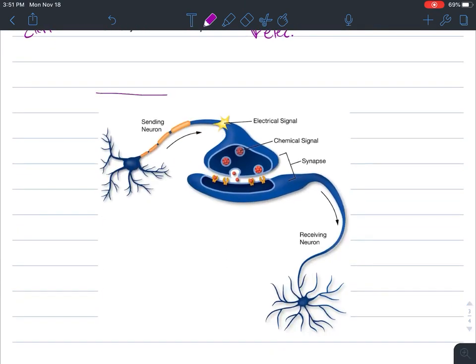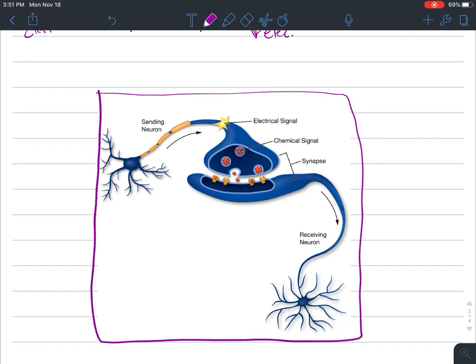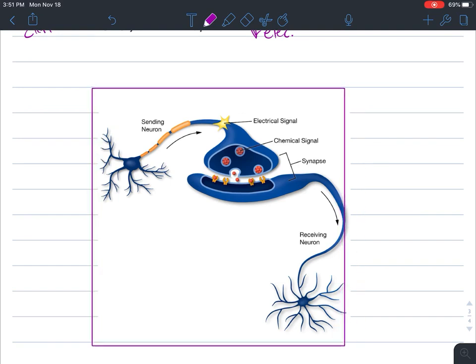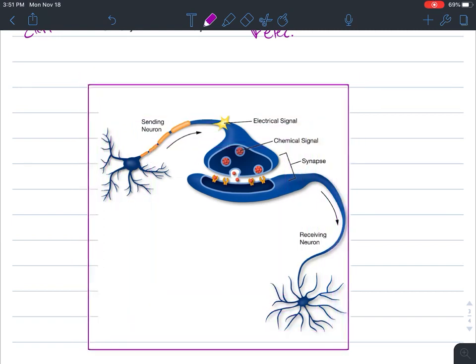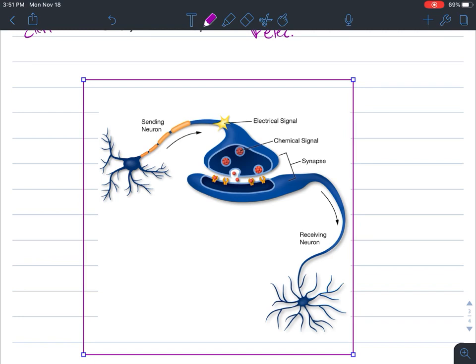So what you need to do is go grab one of these extra pieces of paper that you're going to tape into your science notebook, because this is going to be your visual. What happens here is we have an electrical signal which travels down into the end of our axon, which turns into a chemical signal.